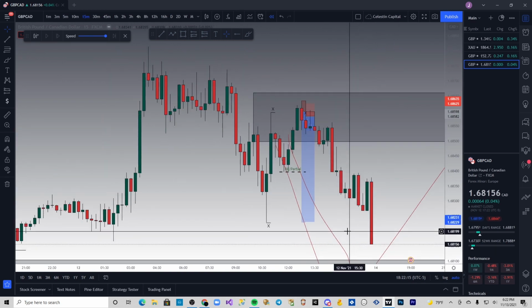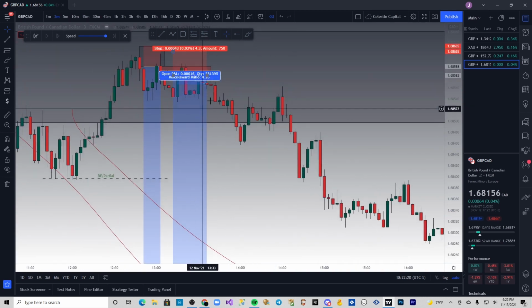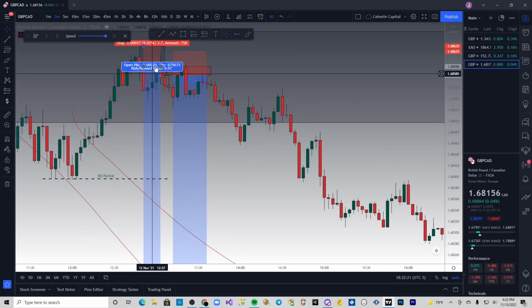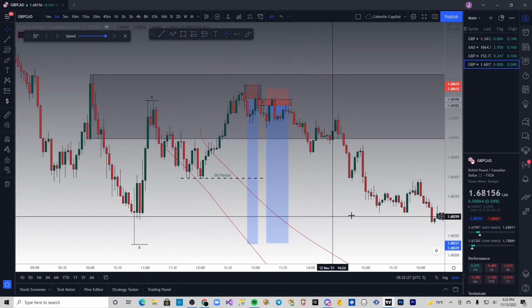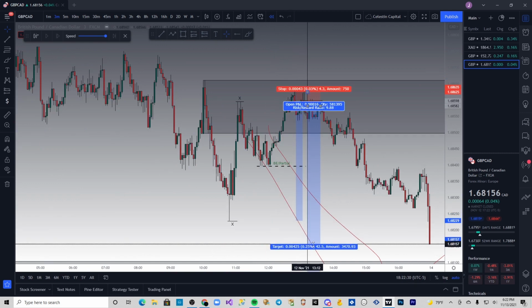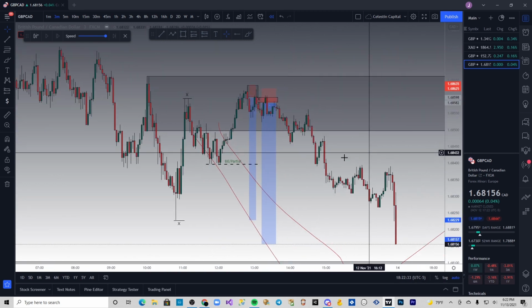I couldn't hold this one because I don't have a swing account for FTMO. I have the regular account. But I did hold this one on my live account. So this is continuing to go down, and we're already at a 1 to 9 RR.